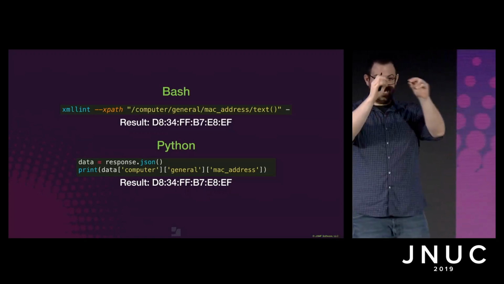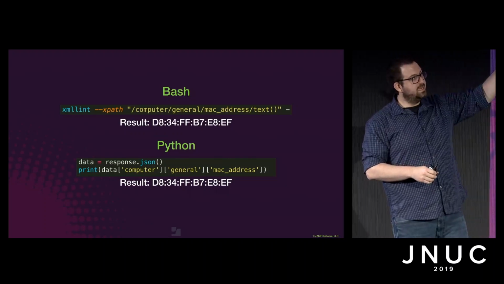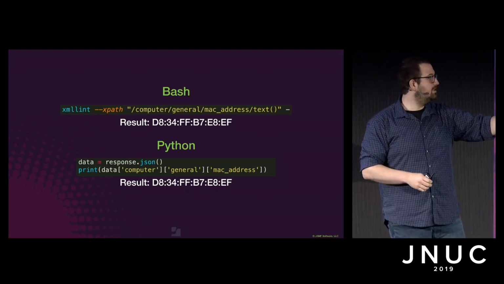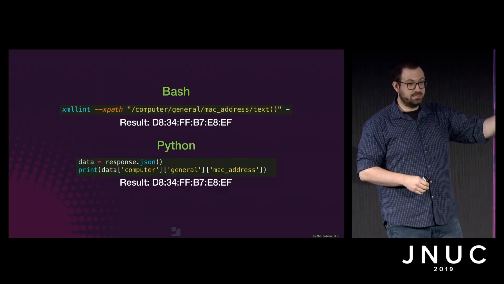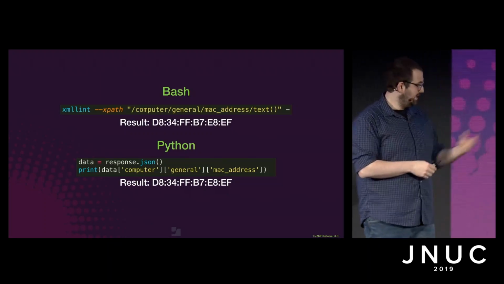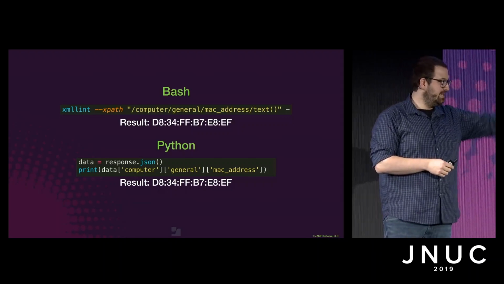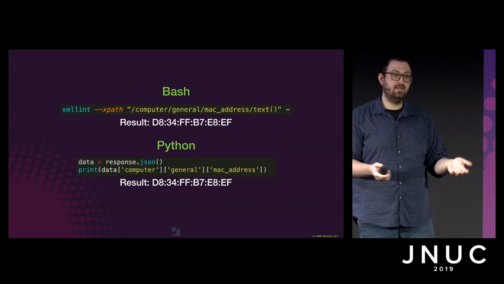And then from that, those object trees, just like we did in Bash, where computer was the root element, general was the sub-element or child element, MAC address was the sub-element, and that's the actual value we wanted to return. In Python, we have computer, general, MAC address. Same result, just two different languages.